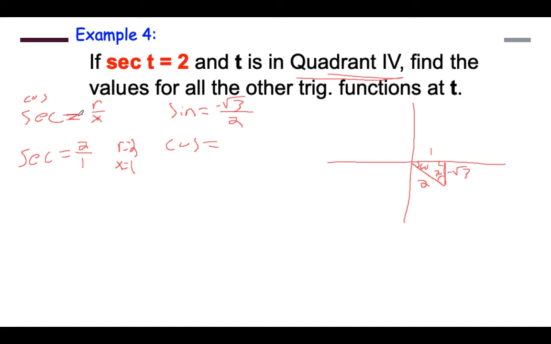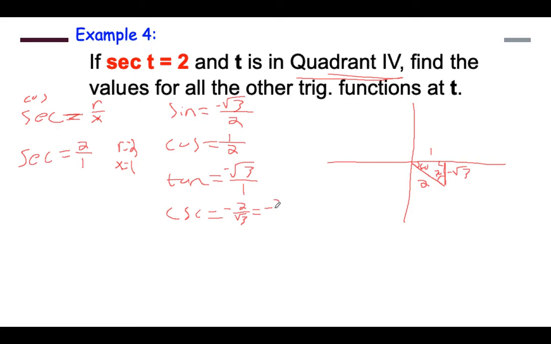Cosine should be the reciprocal of 2, right? Which adjacent over hypotenuse would be 1/2, so it worked out good. Tangent would be negative square root of 3 over 1. And then we got to do cosecant, which is reciprocal of this. You get negative 2 over square root of 3.